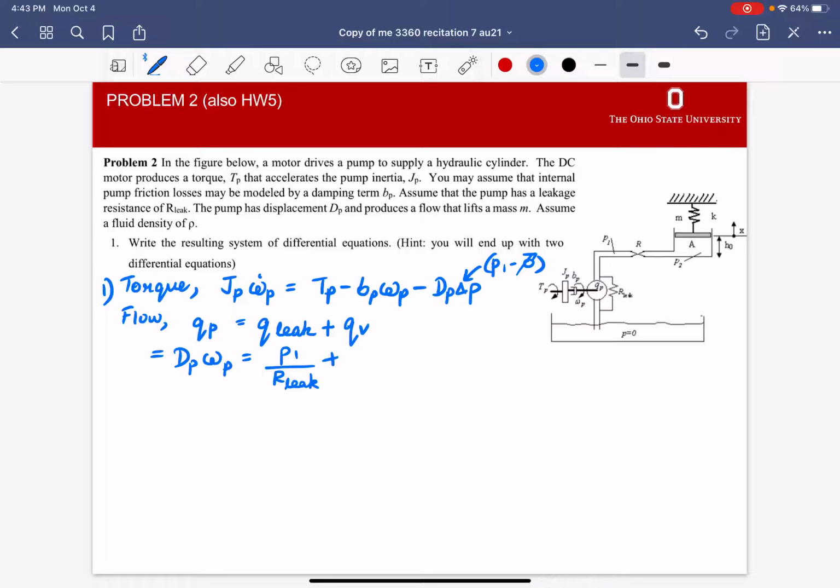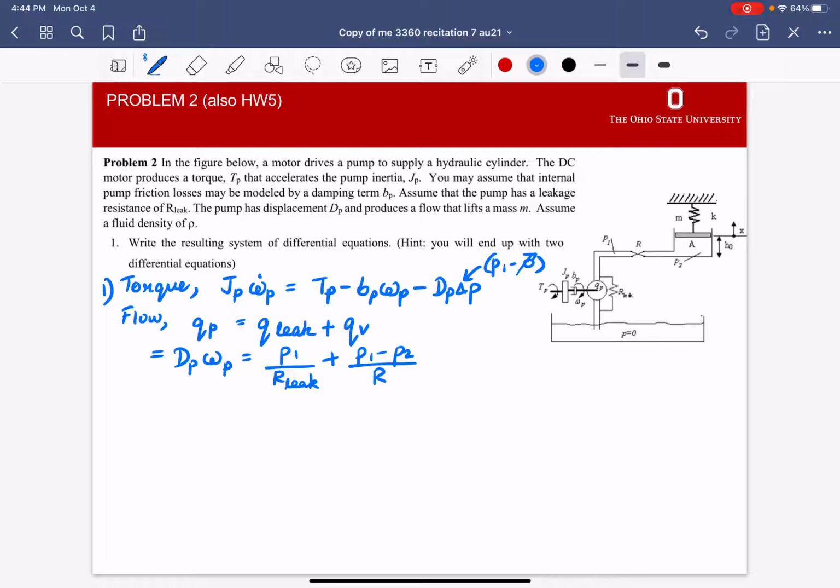Qv we can write down as the flow going through this valve, which would be equal to the pressure drop P1 minus P2 divided by the resistance that this valve is offering. That's analogous to how voltage, current, and resistance work: V by R is equal to current, and current is analogous to the flow that we are looking at over here.